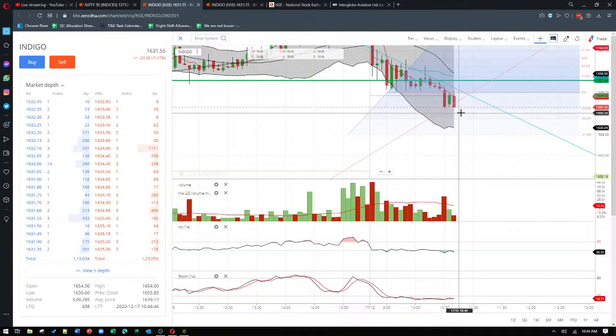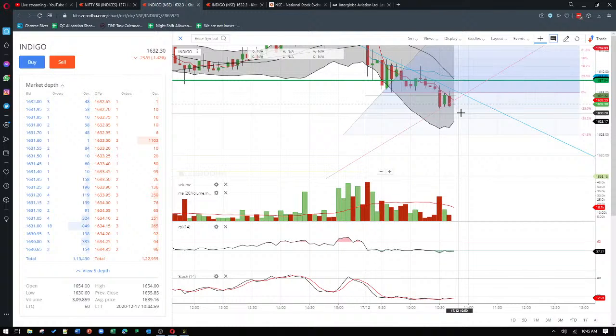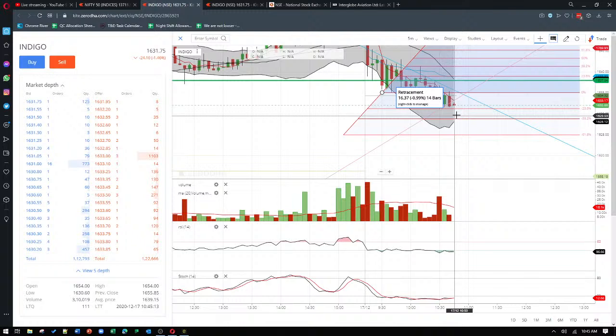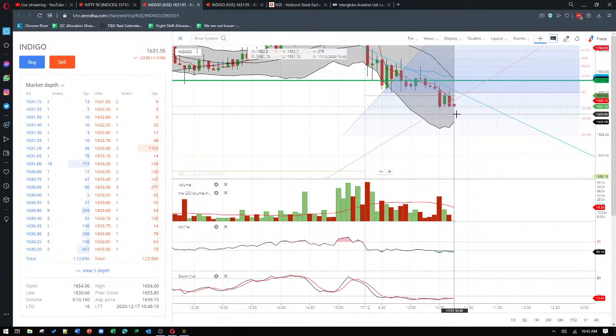It has very much broken and closed below the trend line. And I hope the next candle, the current candle, is going to break the low of the day. Let's see.